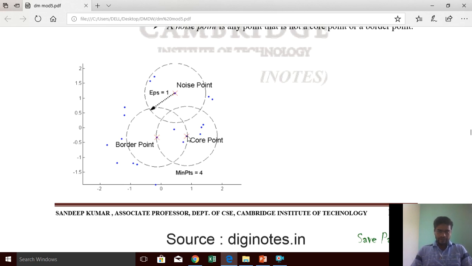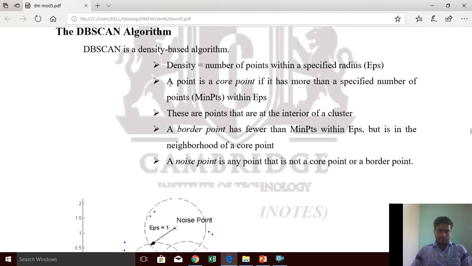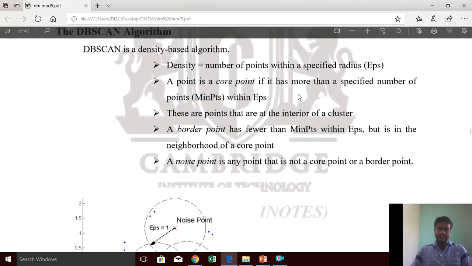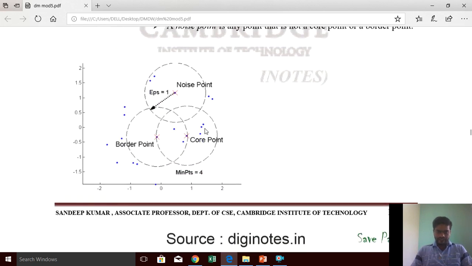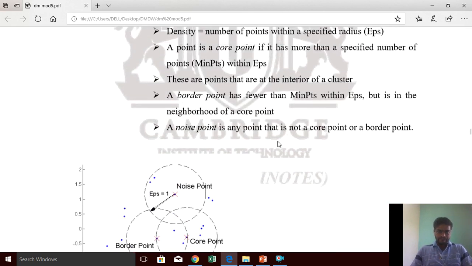What is a core point? A point is a core point if it has more than a specified number of points within the radius of epsilon. These are the points that are interior to the cluster. So these points 1, 2, 3, 4, 5 are all within the cluster, and they all belong to this cluster.